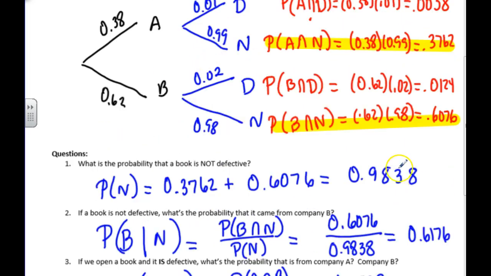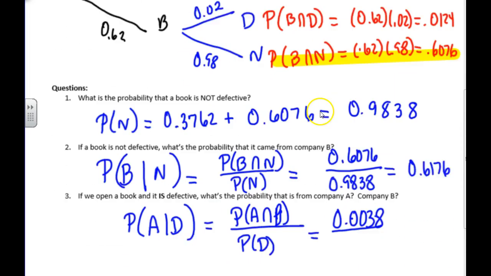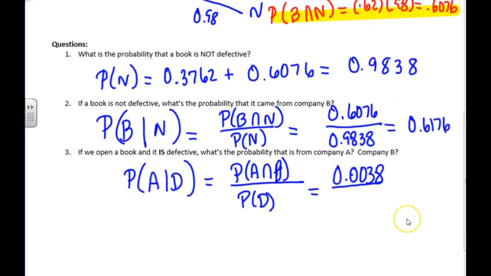And we're also looking at the probability of it being defective. Now, we can do this a couple of ways. To figure out the probability of it being defective, you can highlight the defectives and add those up.